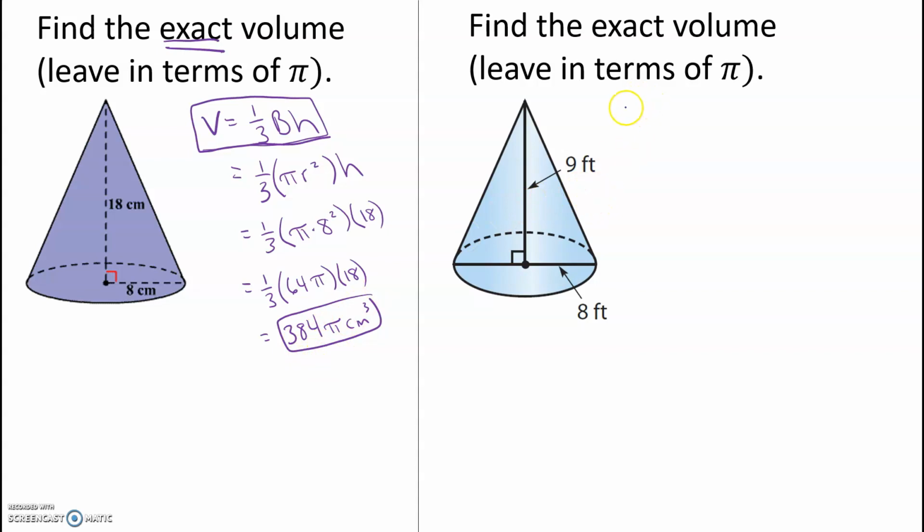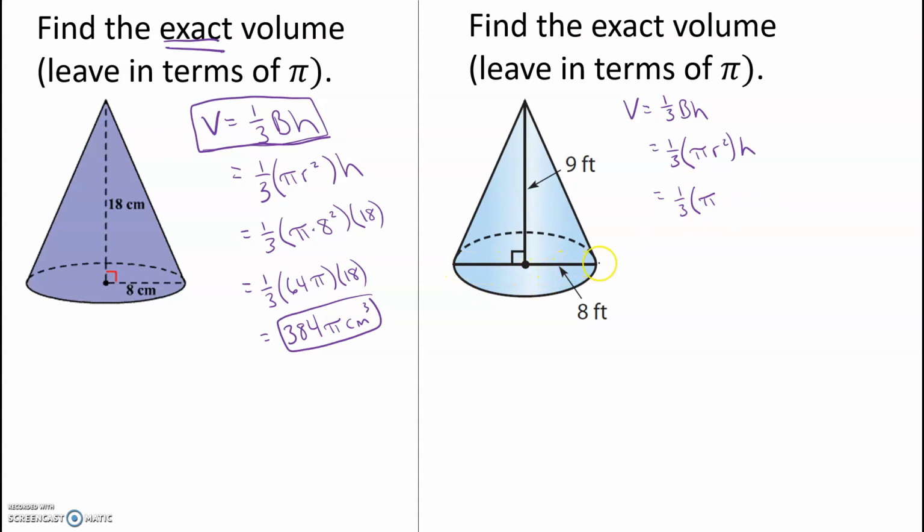Same directions over here. So it still has one base. It's still a cone. And you're still going to say area of the base. My base is a circle. Area of a circle is pi r squared. So we've got 1/3 pi r. Now be careful here.